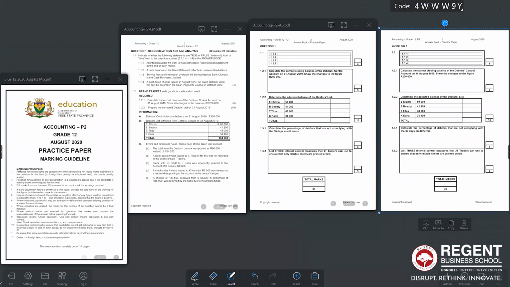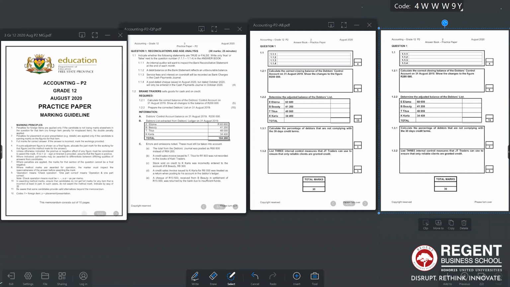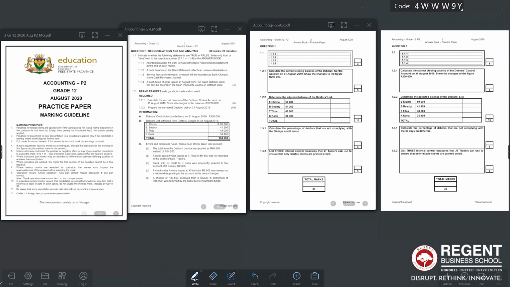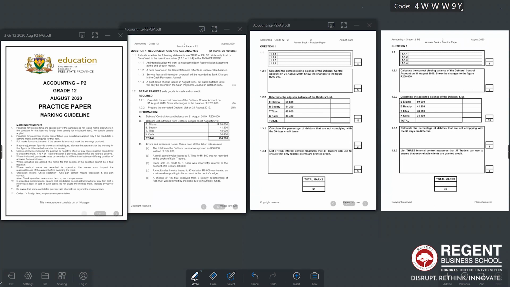Okay, let me write here. So what I'm saying is that we added 2,600 extra to debtors control.